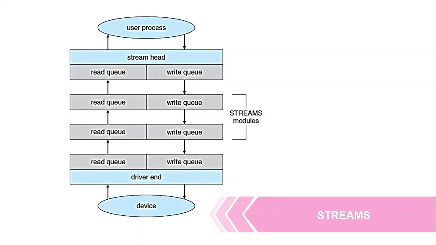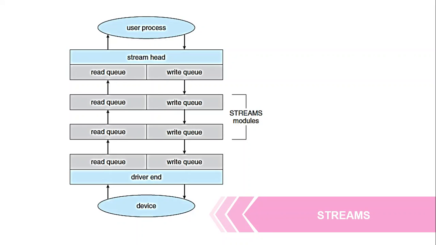Each module has a read queue and a write queue. Flow control can be optionally supported, in which case each module will buffer data until the adjacent module is ready to receive it. Without flow control, data is passed along as soon as it is ready.